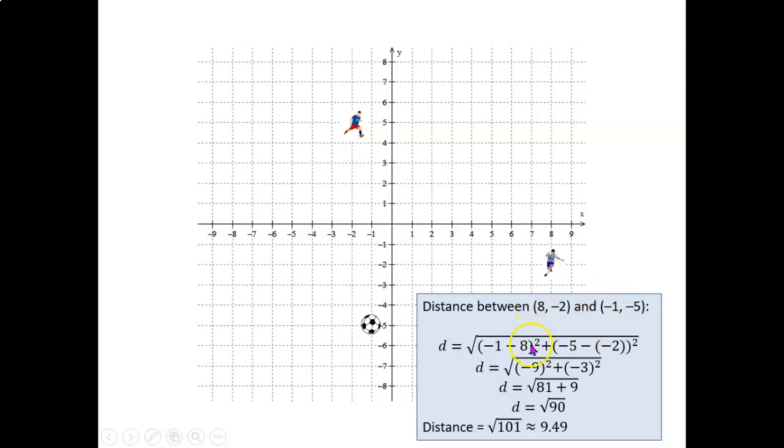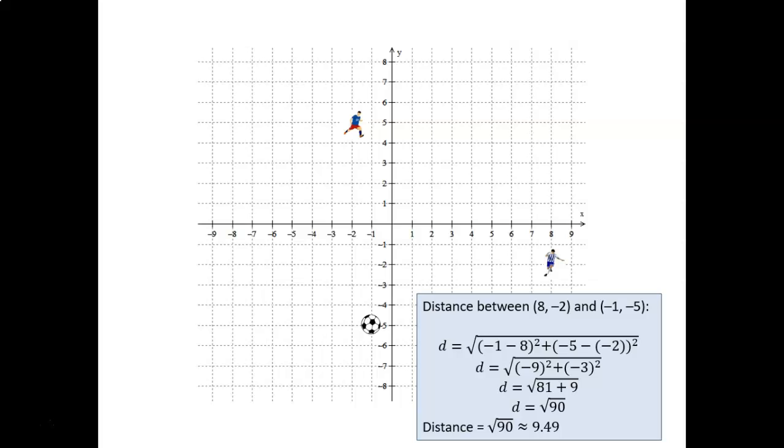X-coordinate minus x-coordinate squared. That's -1 minus 8, or -9 squared, gives us 81. Plus y-coordinate minus y-coordinate squared is -5 minus -2. That would be the same as negative 5 plus a positive 2, so negative 3, and when you square that, you get 9. Then 81 plus 9 is 90, and when you take the square root of 90, you get approximately 9.49.